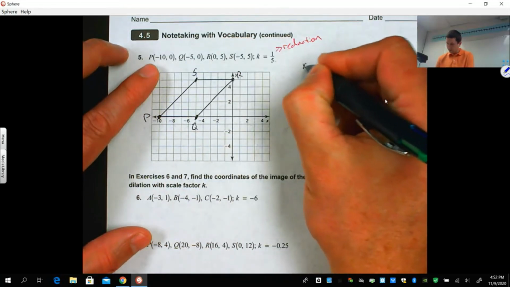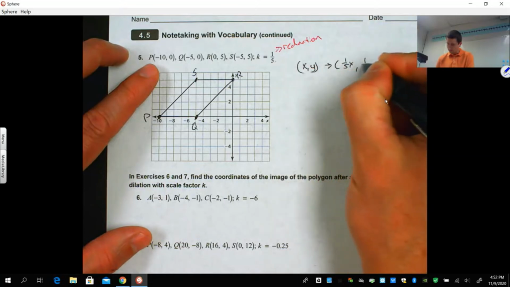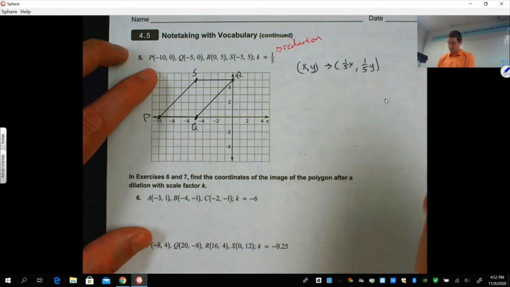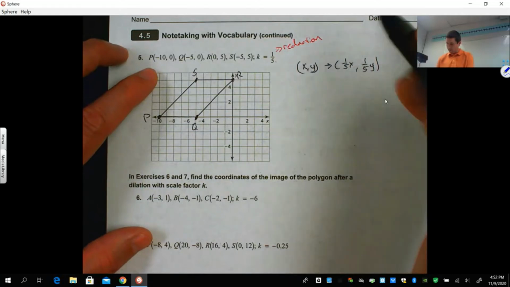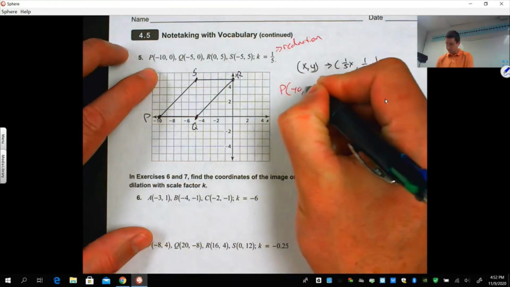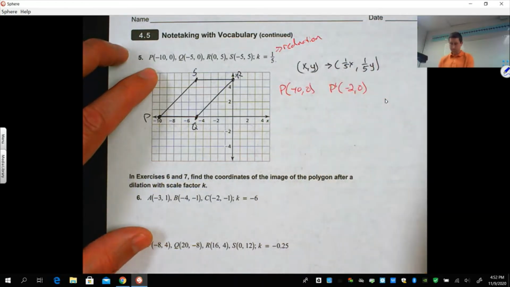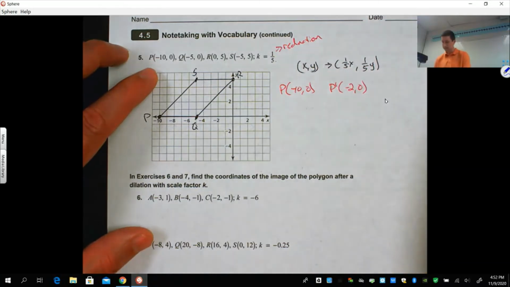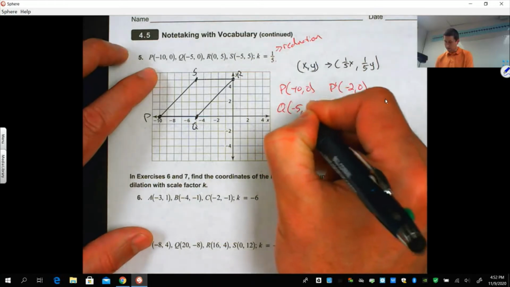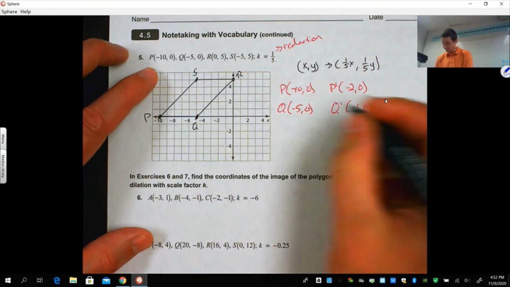So we need to take, that's nice they use multiples of 5 here. So our rule is going to take x, y, and go to 1/5 times x, 1/5 times y. So if P is at negative 10, 0, take both of those times 1/5, P prime would be at negative 2, 0. Taking it times 1/5 is the same as dividing by 5. Okay, Q is at negative 5, 0, so Q prime is going to be at negative 1, 0.